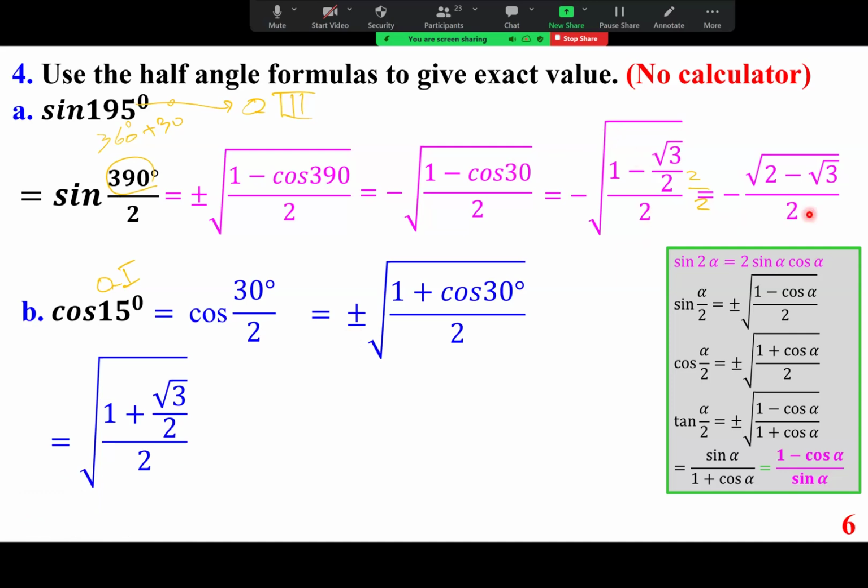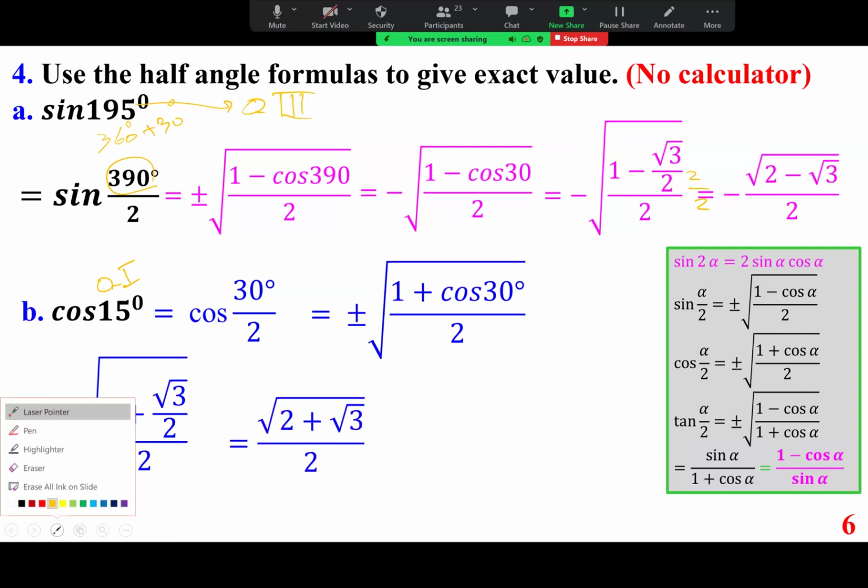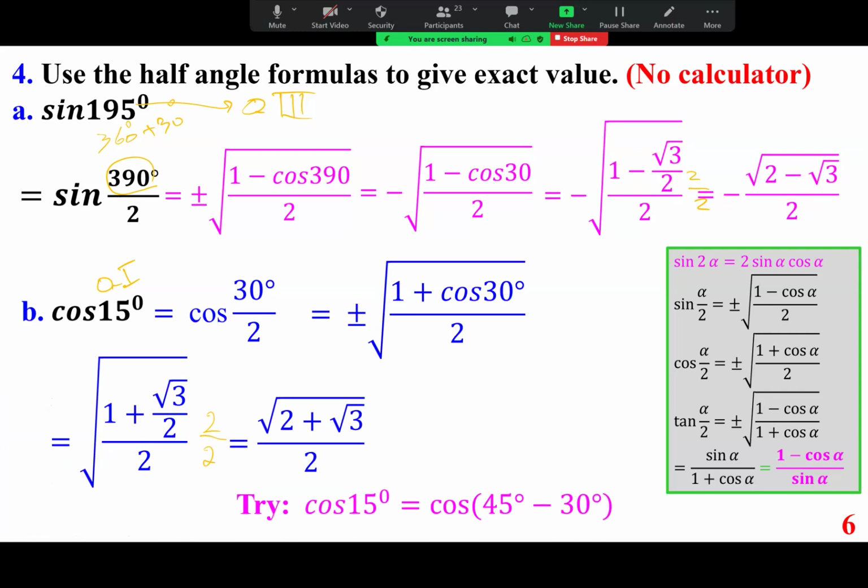I hope you recognize it becomes the same thing without the negative sign, and this changes to plus because you are going to multiply by 2 over 2. So pretty straightforward. You can also try cosine of 15 is cosine of 45 minus 30 as practice. It's a good idea.